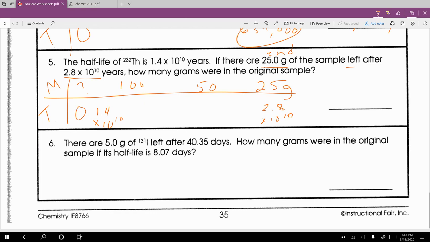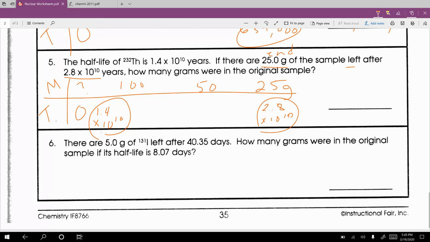Now I have to do the half-life part to see how this all fits in. So 1.4 times 0. Then from 1.4 to 2.8, how many half-lives is that?